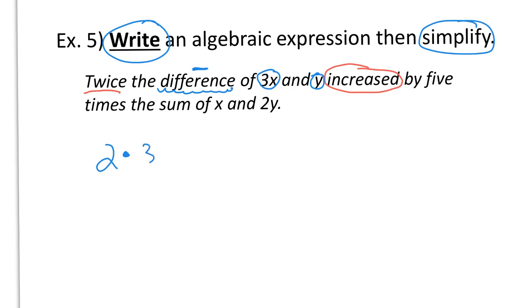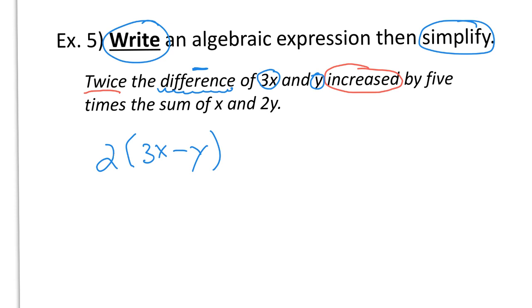So I have 3x minus y. So guess what, guys? Since I am multiplying all that difference by 2, I'm going to use parentheses. So let me erase this times in the middle, and I'm going to use parentheses instead of times. So I have 2 times the difference of 3x and y.